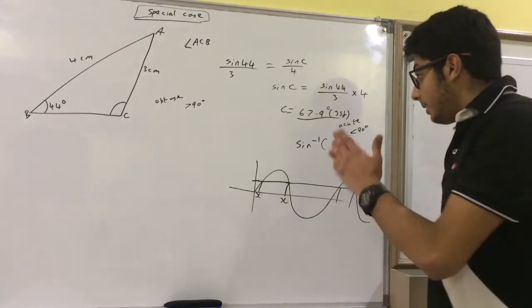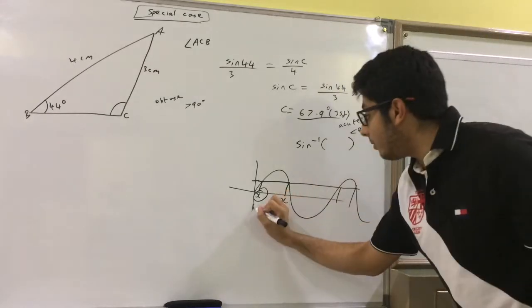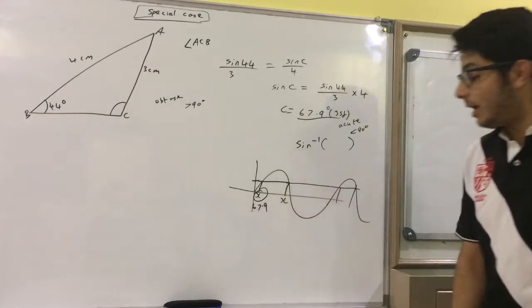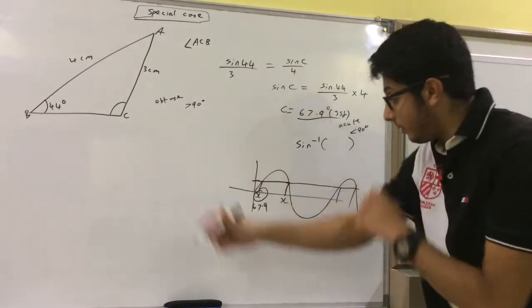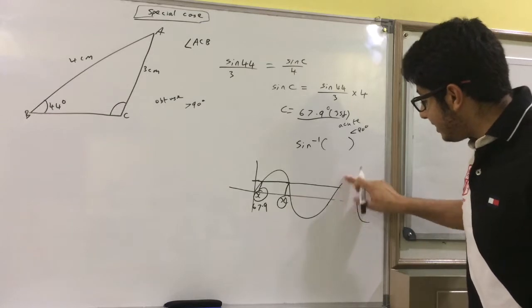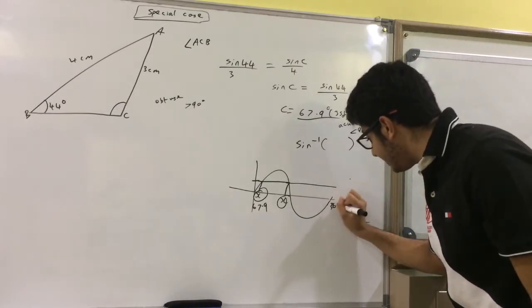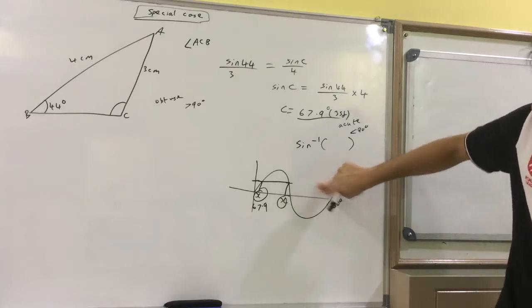This is what you found. You found the acute angle, 67.9. The other possible values for that angle are this one. Forget about these because you're never going to get an angle that's bigger than 360 degrees. So these are the two main ones.